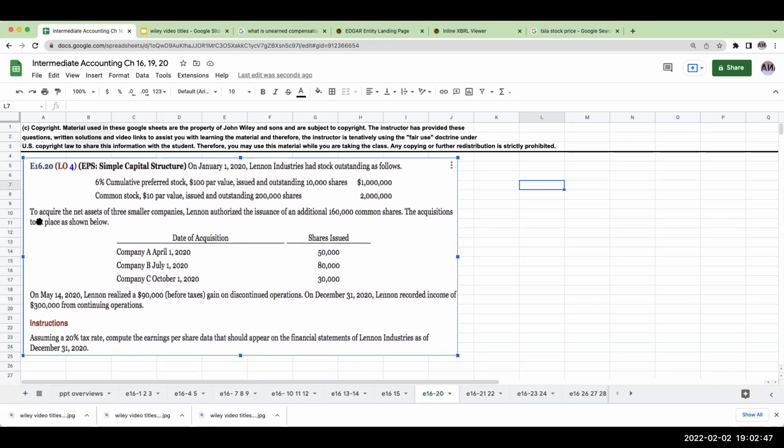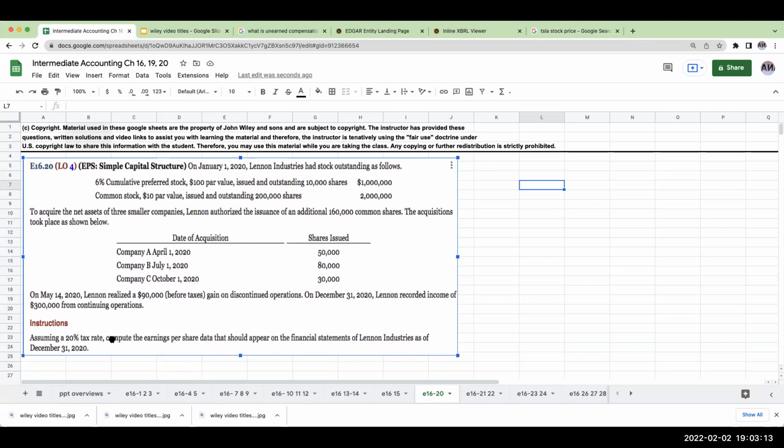The acquisitions took place as shown below. On May 14th, Lenin realized a $90,000 before-tax gain on discontinued operations. On December 31st, Lenin recorded income of $300,000 from continuing operations. Assuming a 10% tax rate, compute the earnings per share data that should appear on the financial statements of Lenin Industries as of December 31st, 2020.